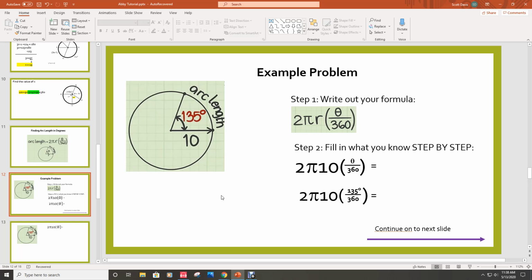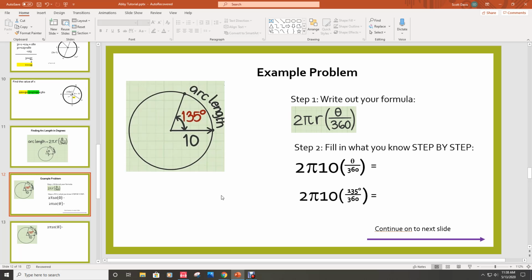She told me every single time, write out every single solitary step and then fill in what you know step by step, as annoying as that is. But I love her for that, because it always makes me be sure that I get all of the information plugged into my formula.